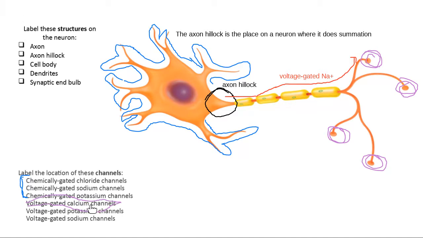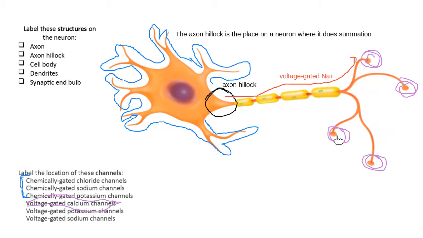Voltage-gated calcium channels are down here. When my membrane charge gets to positive 30 down here at the end, these channels open up and bring calcium inside the cell. Remember, calcium comes in and the neurotransmitters peace out. They can't even with calcium. So this is where I bring calcium into my axon terminal to spit out my neurotransmitters. And Jacqueline is 100% right.